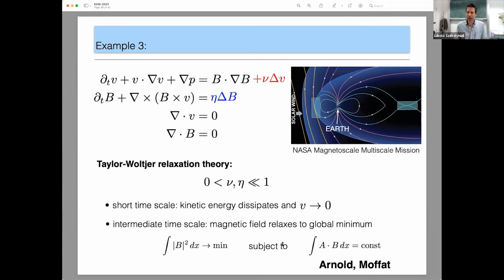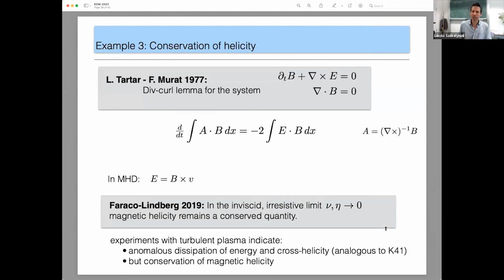And the usual explanation for this is by somehow magnetic reconnection. So if you didn't have this term, this would not be possible. And this is somehow why NASA is making this experiment to study this magnetic reconnection. But there is a mathematical explanation, which is due to the div-curl lemma of Tartar and Murat. So basically, the Maxwell system is this one.